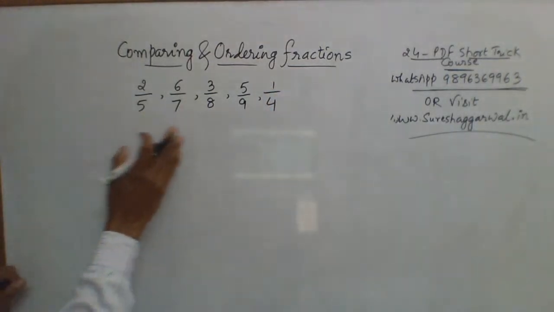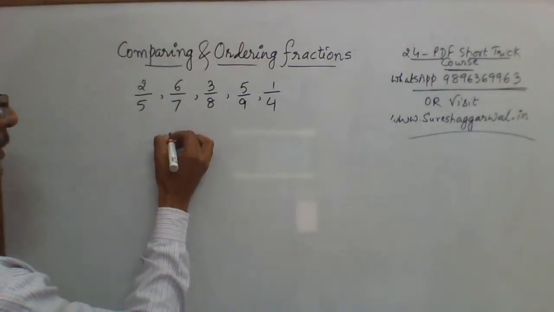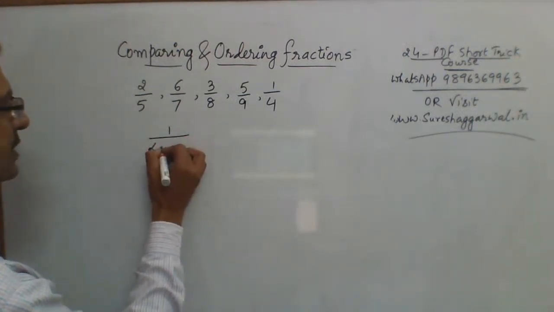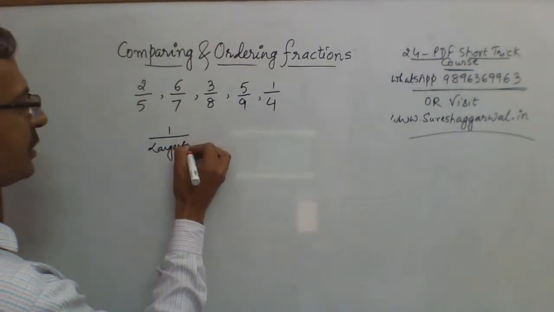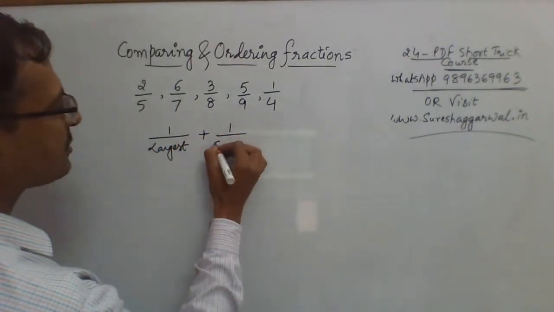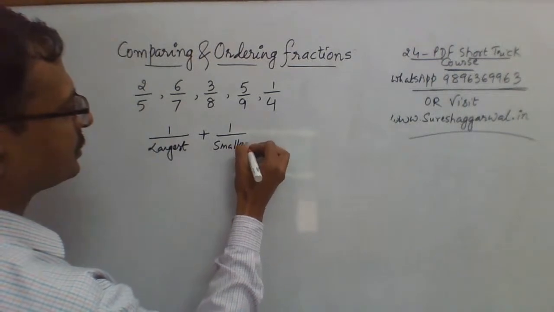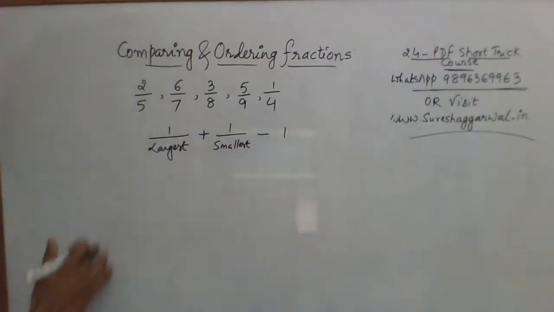You need to tell me what is 1 upon largest plus 1 upon smallest minus 1. Get on with this question, friends. Who is going to give me the correct answer first? 1 upon largest plus 1 upon smallest minus 1.